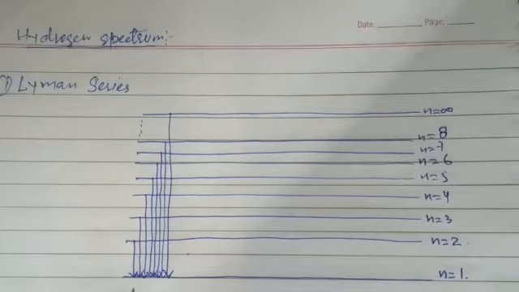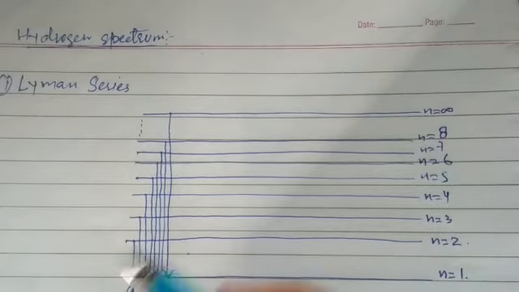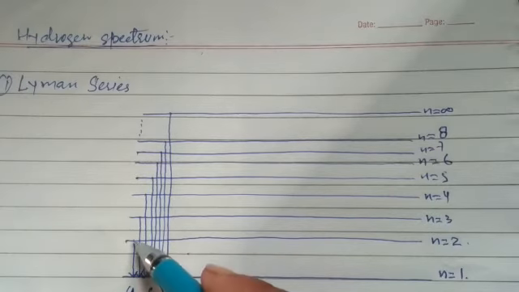That series was the Lyman series and it falls in the ultraviolet region of the electromagnetic spectrum.